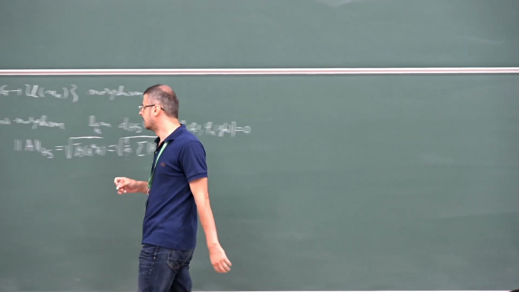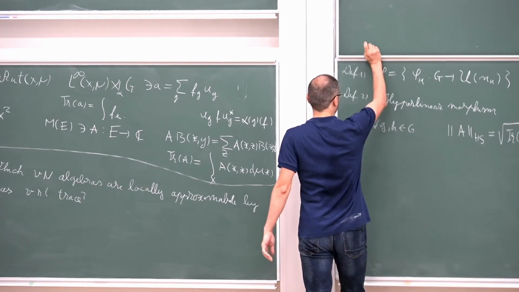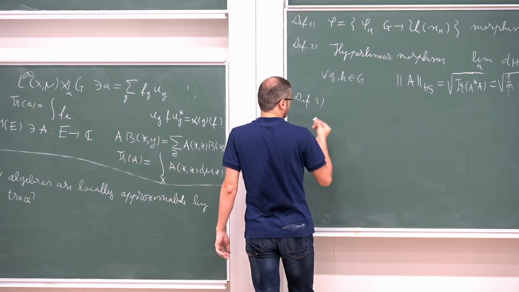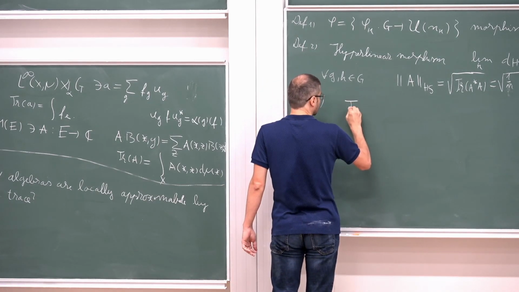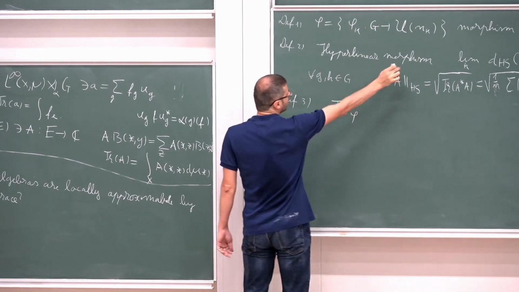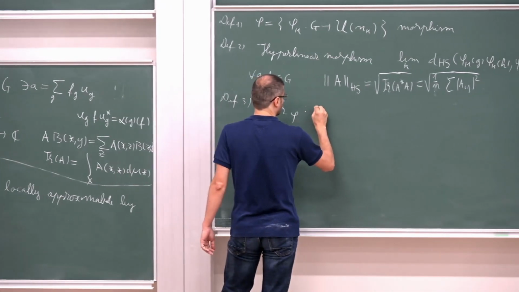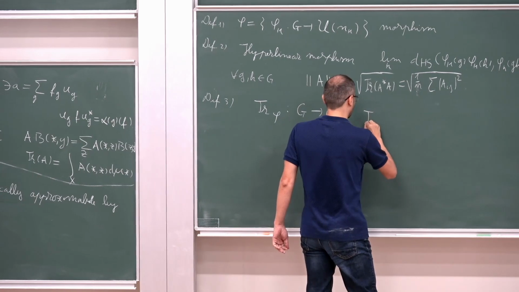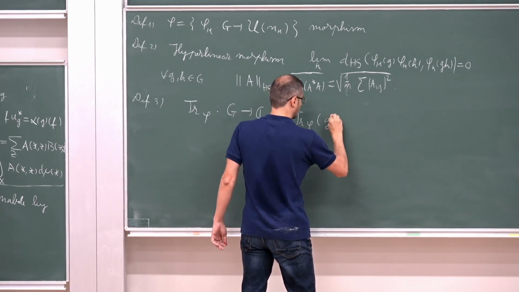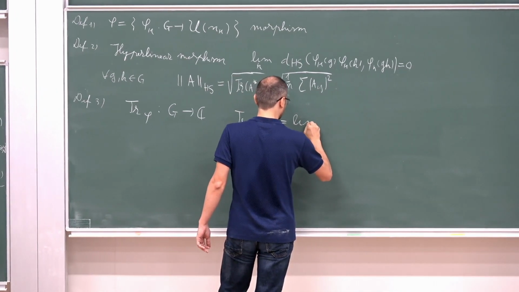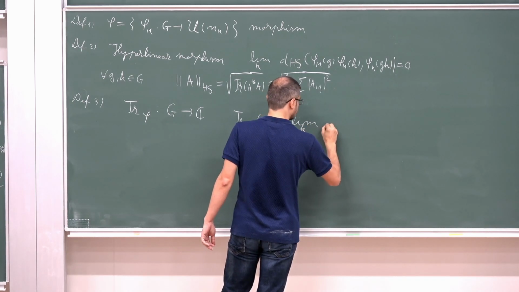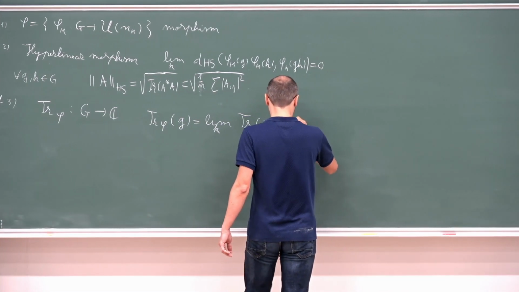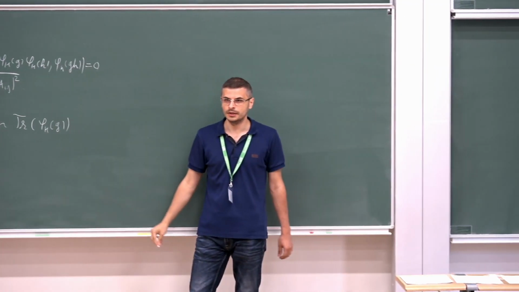So how do I say non-trivial? There are many ways to say it, but I will introduce another object that I will need for the rest of my talk, the trace of a morphism. If you have a hyperlinear morphism, you construct a function from the group G to complex numbers. The trace of phi evaluated at a point h is just the limit of the trace of phi_k(h).